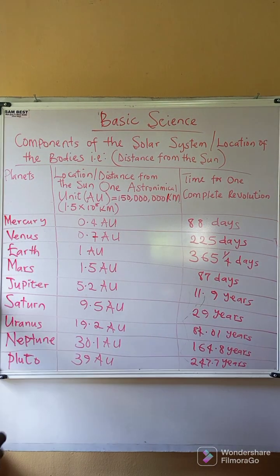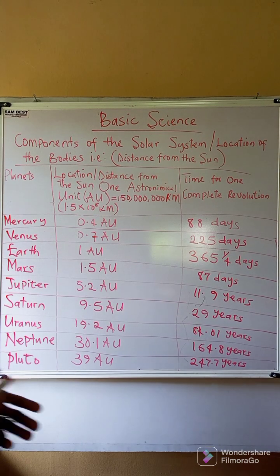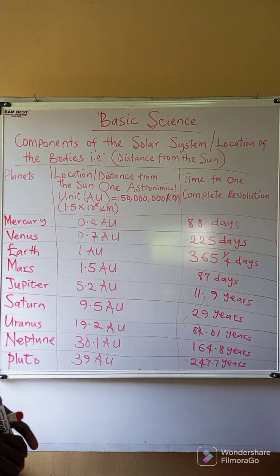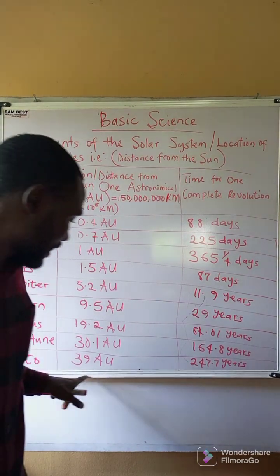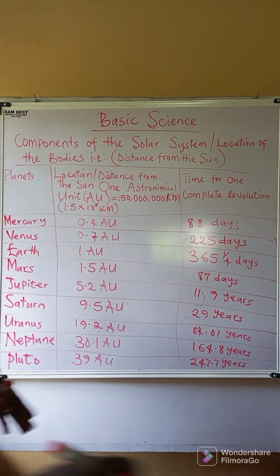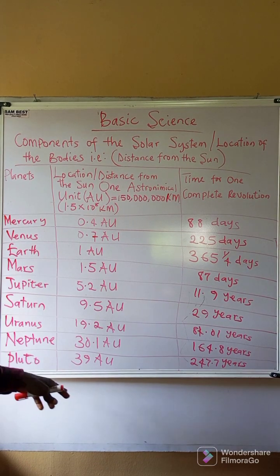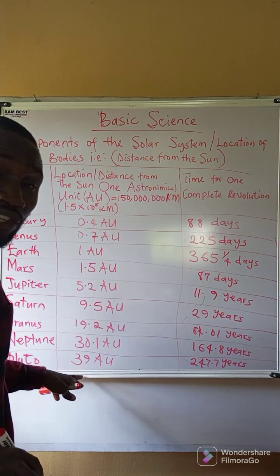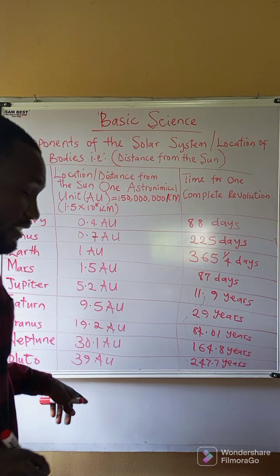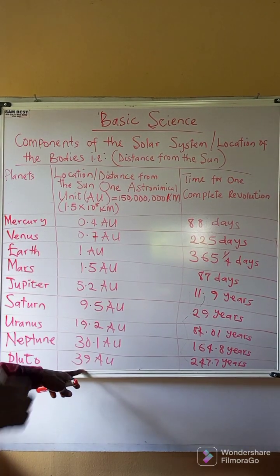Pluto. Okay? And Pluto's distance from the sun is 39 AU. 39 AU is very far, and it is very small. That's why, if you remember our last class last week, I mentioned dwarf, right? Yes, you can see it from here because its value is very large.